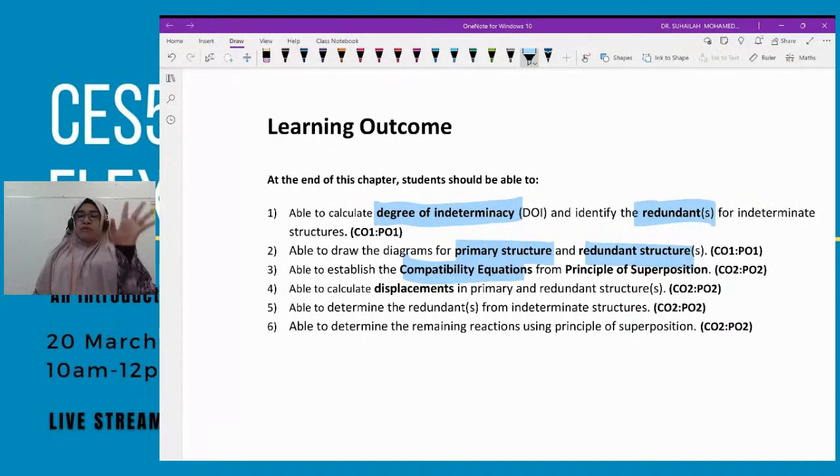Keyword number 4 is displacement. Displacement in the primary structure and the redundant structure. Redundant can be 1 or 2, depending on the DOI.